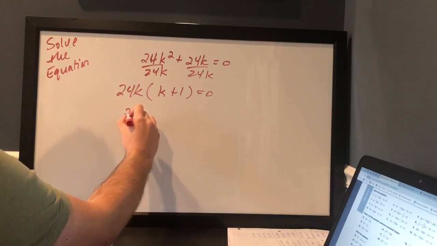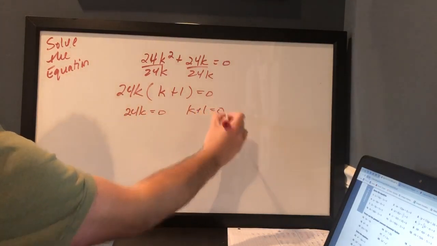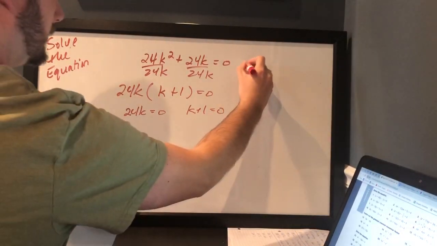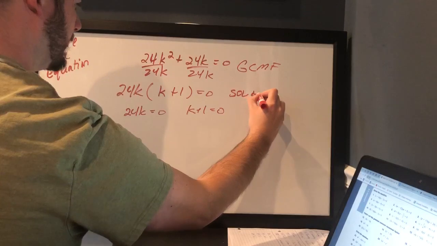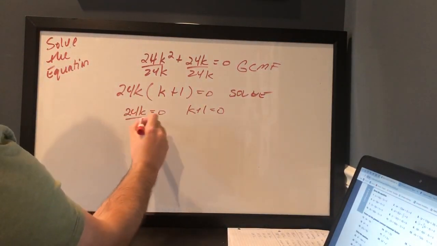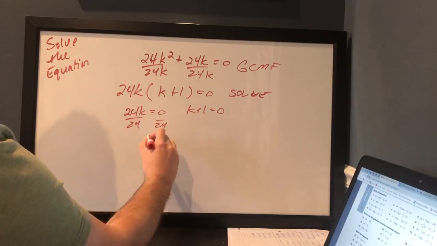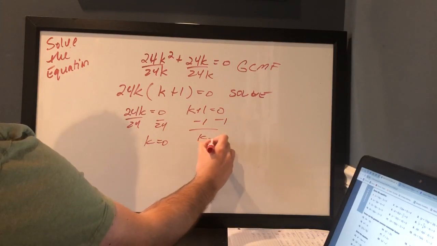So 24k equals 0, k plus 1 equals 0. First, greatest common monomial factor, and then we go to that part where we're solving, like the first day, where you're just taking those two and setting them equal to 0. Divide by 24, k is 0. Subtract 1, k is negative 1.